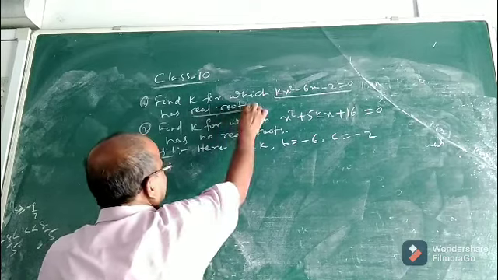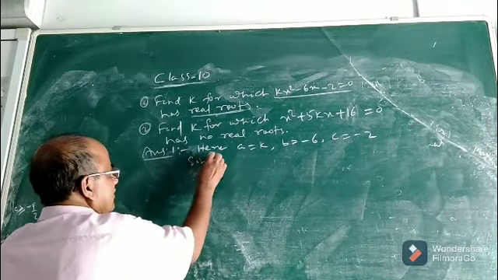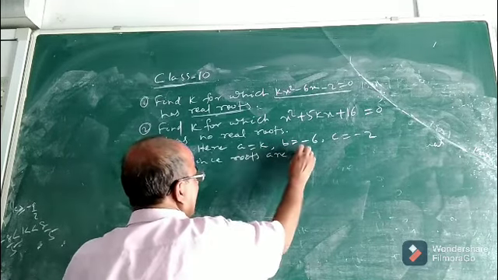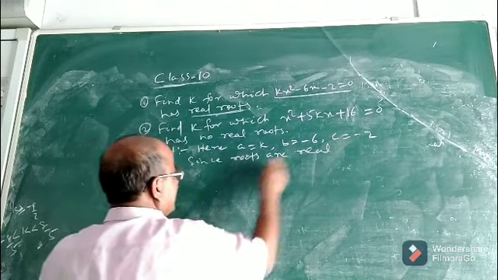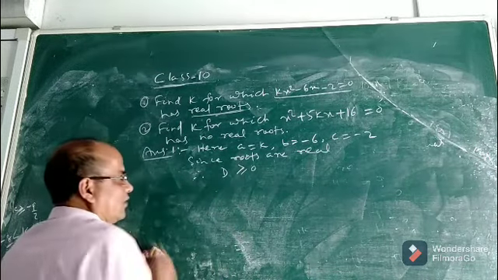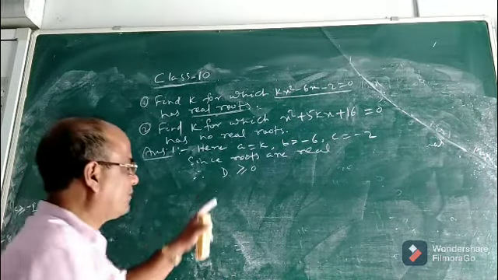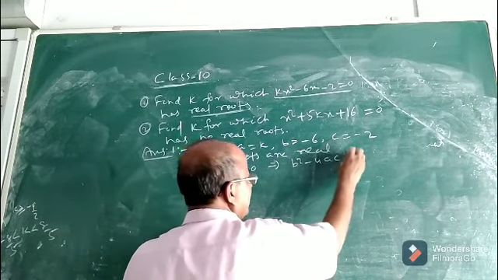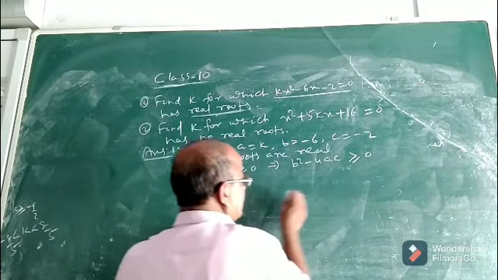The condition is the roots are real. Since roots are real, therefore, discriminant must be either greater than or equal to 0. Now put the formula for D. It is b square minus 4ac greater than or equal to 0.